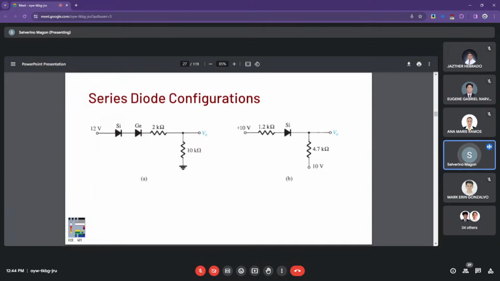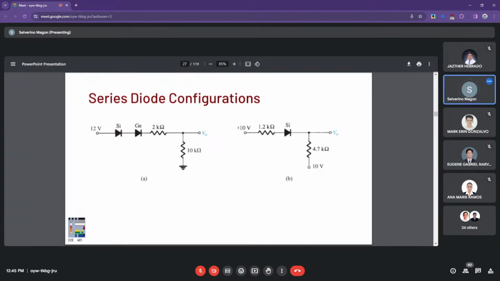And then applying Ohm's law or first voltage divider for 2K and 10K, that will be 11 volts times 10 divided by the combination, no? Which is at around 12K. And you have around 9 milliamps for the current on this one.